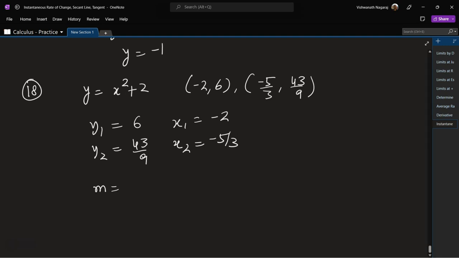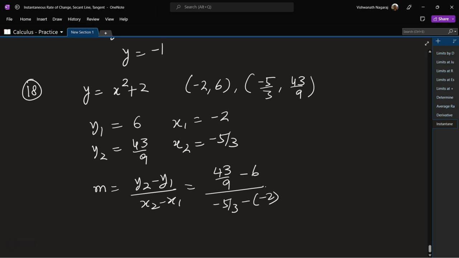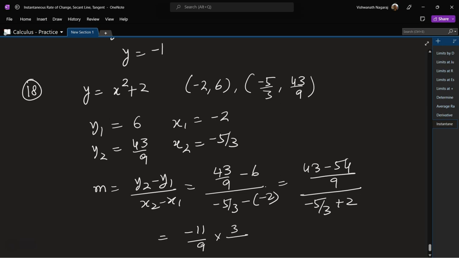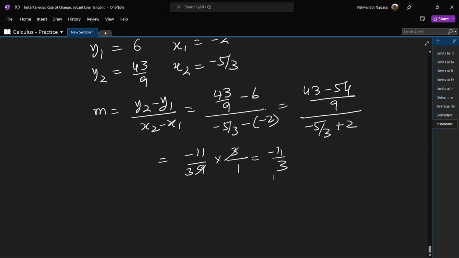Okay, so m, the slope between these 2 points, is going to be y2 minus y1 by x2 minus x1, which is equal to 43 by 9 minus 6 by minus 5 by 3 minus minus 2, which is equal to 43 minus 54 by 9 by minus 5 by 3 plus 2, which gives us minus 11 by 9 times 3 by 1, 3 threes, which gives us minus 11 by 3 as the slope between those 2 points.